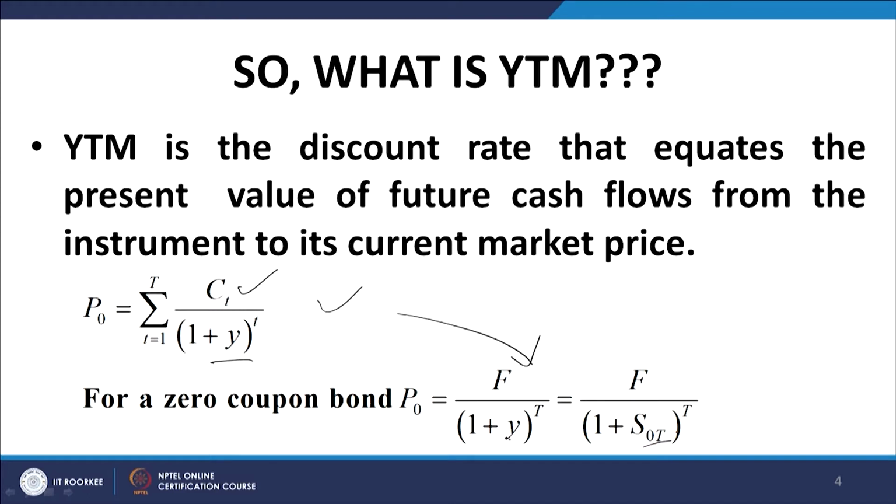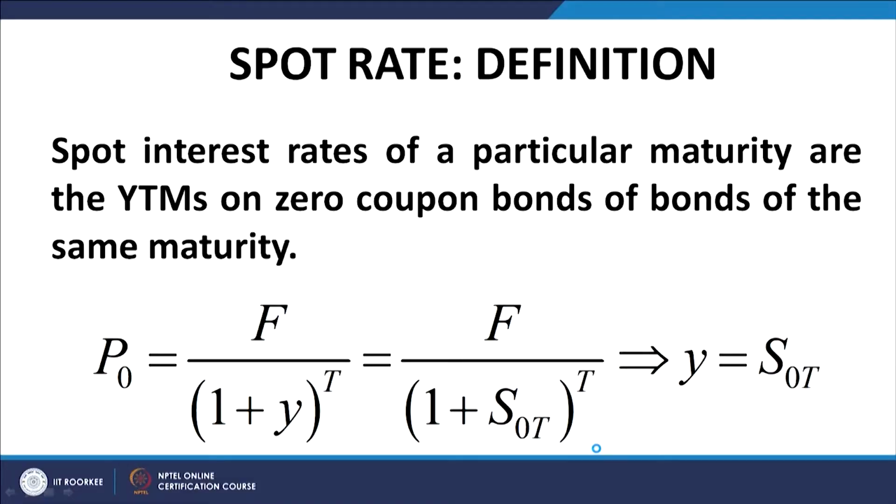S0 means today's rate for the investment that you are making as of today. So, to recap, spot rates of a particular maturity are the YTMs of zero coupon bonds of the maturity for which the interest rates are being quoted.